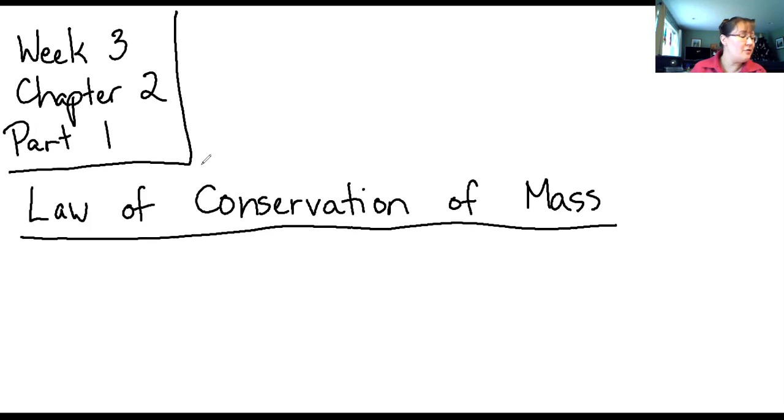So the law of conservation of mass by Lavoisier is saying that matter cannot be created or destroyed. It can change its form, it can change where it is, it can change what state it's in, but we cannot actually completely destroy the mass and the matter of an object.